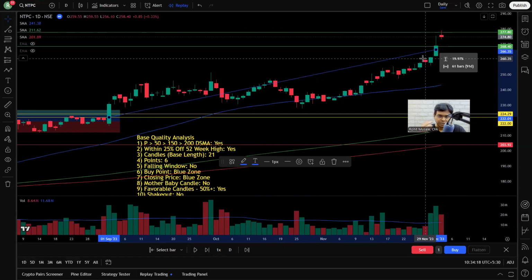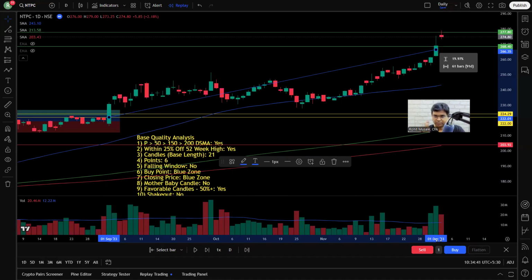So 61 working days, that's a long time, from 1st of September till 1st of December. So September entire month, October entire month, November entire month. So it took 3 months for the stock to reach that selling range. So 20 to 25% return in 3 months.